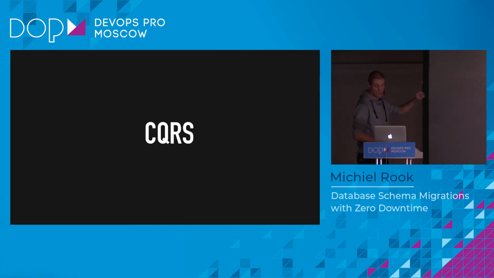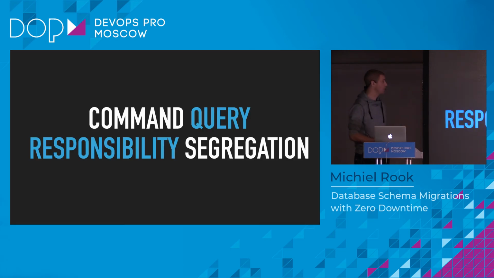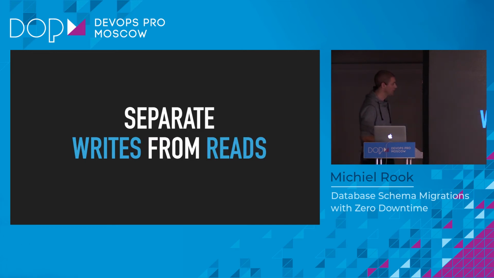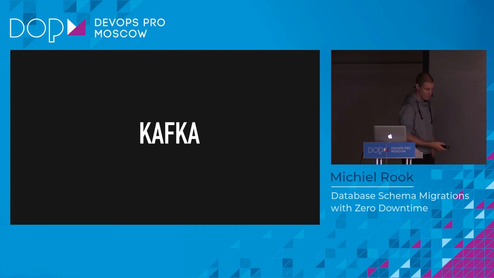There's a pattern called CQRS, which actually is applicable here, which stands for Command Query Responsibility Segregation. That's a lot of expensive words for a simple pattern, which is separating writing from reading. And what you can use here, for example, is Kafka or any other message bus system.